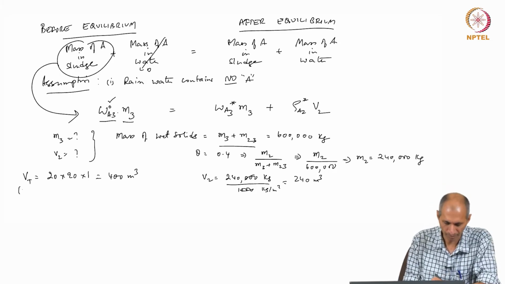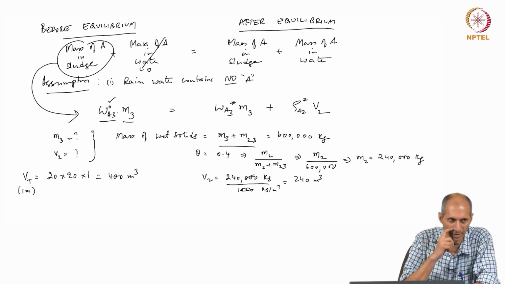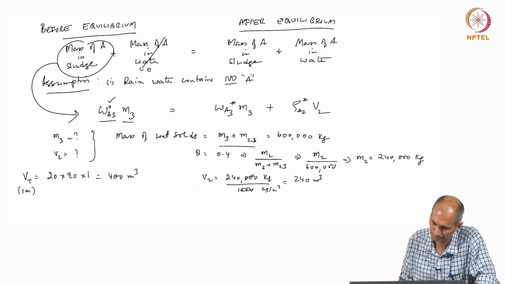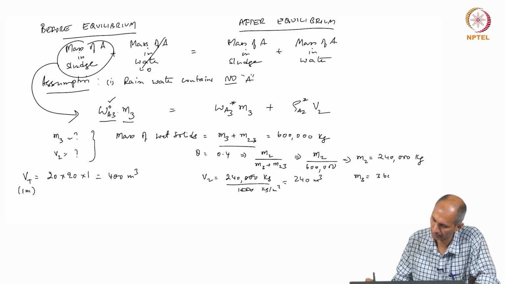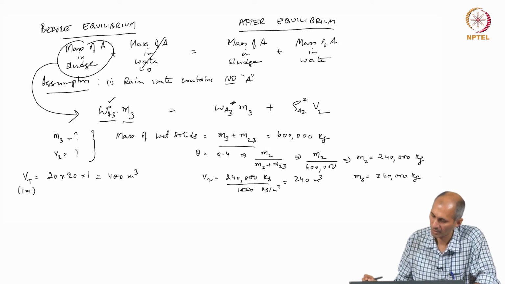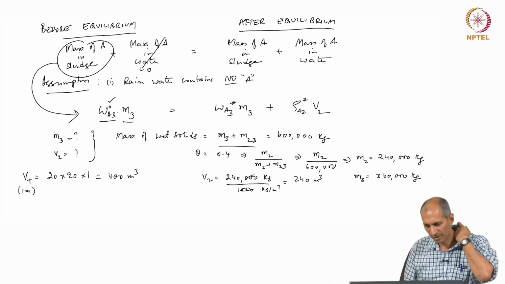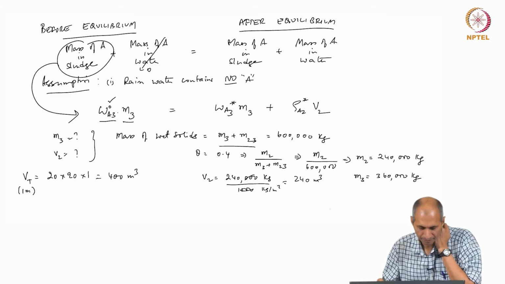That is the total volume of 1 meter height of the sludge at this point. So, M3 is 360,000 kilograms, that is the balance that is remaining.